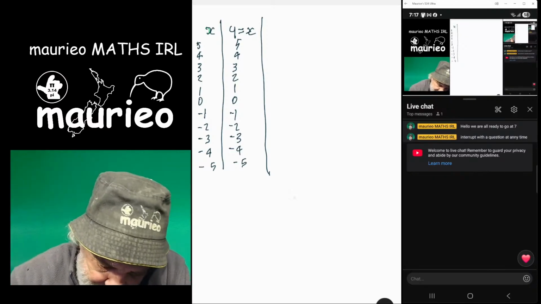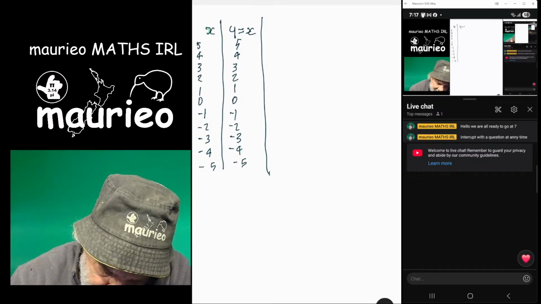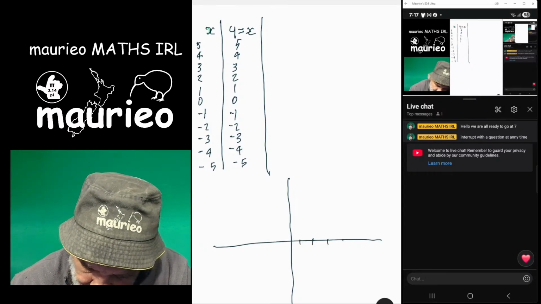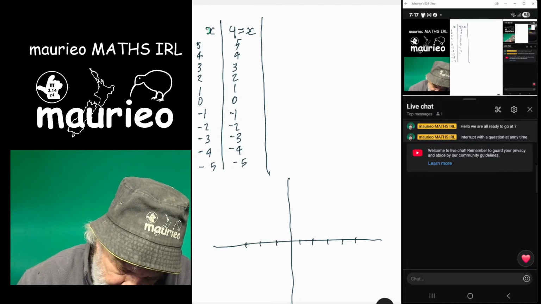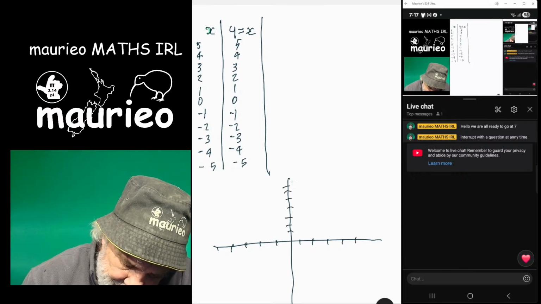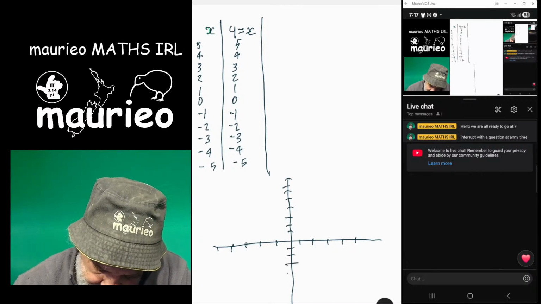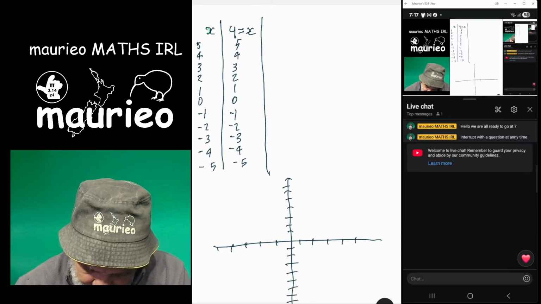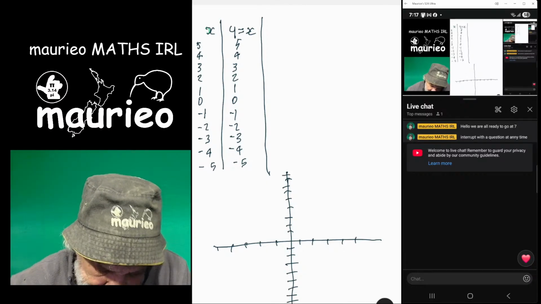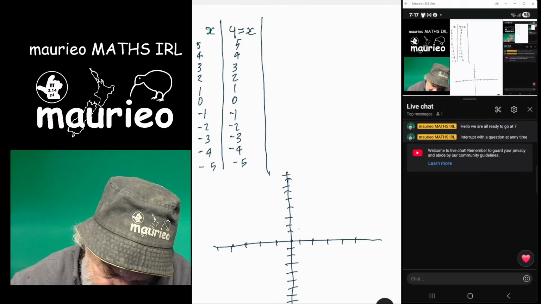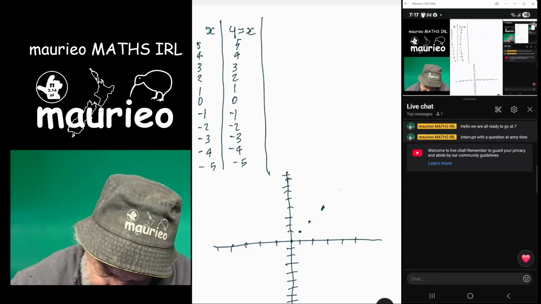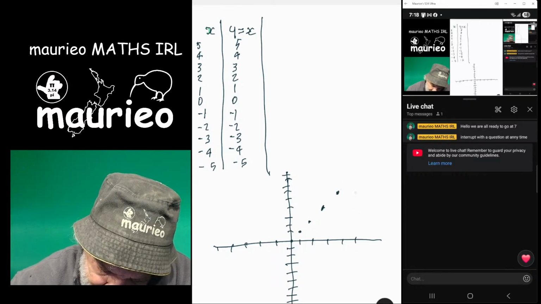So if we were to draw that, y equals x, we can just say 0, 0 is there, and you can see it'll be 1, 1, 2, 2, 3, 3, 4, 4, 5, 5.